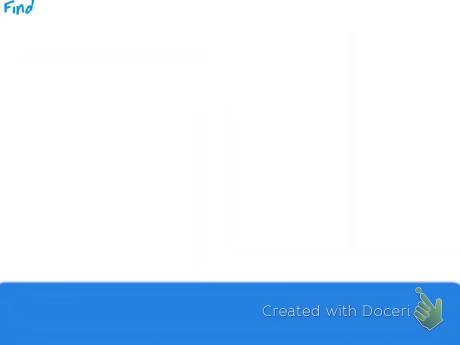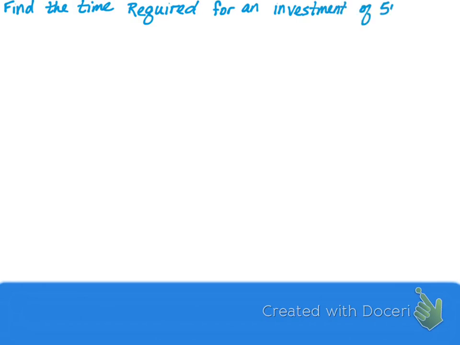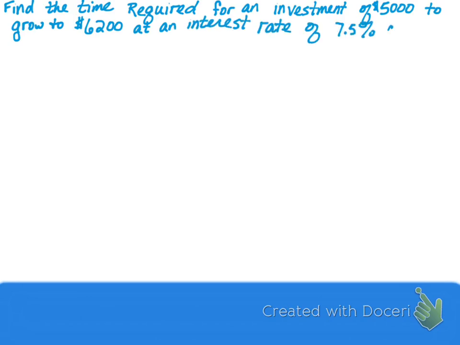So let's do an example. Find the time required to grow an investment that started at $5,000 and we grow it to $6,200 at an interest rate of 7.5% compounded quarterly.